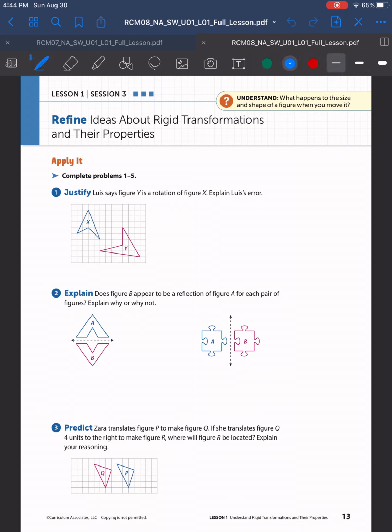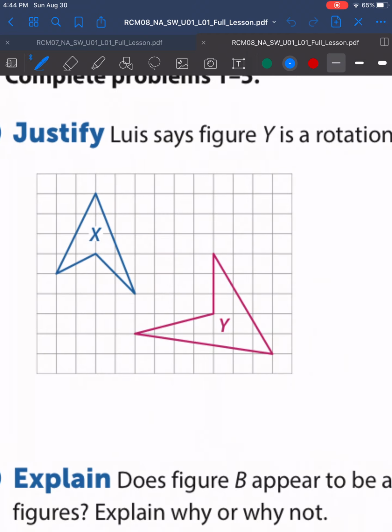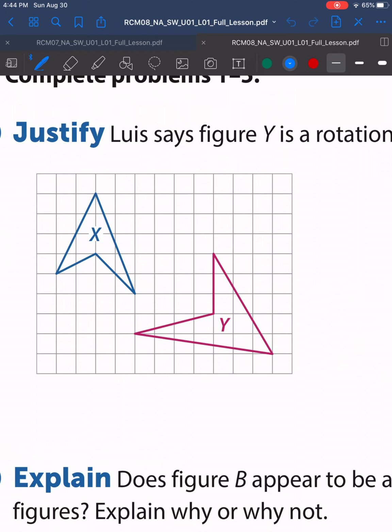Lewis says that figure Y is a rotation of figure X. Explain Lewis's error. Okay, so that's kind of like what we were just talking about. If it was a true rotation, let me go ahead and just trace this to show you. This is what's so cool about doing it on my iPad, is I can grab the shape now.